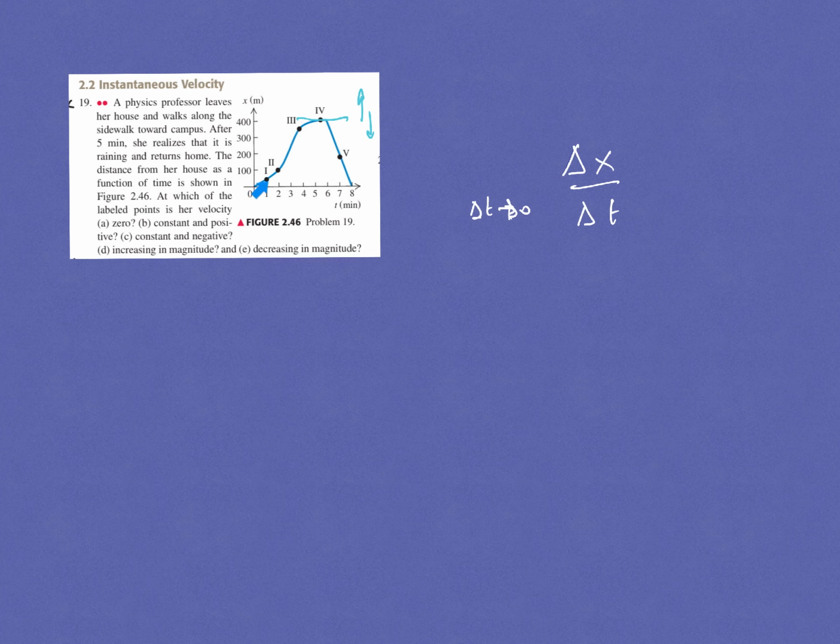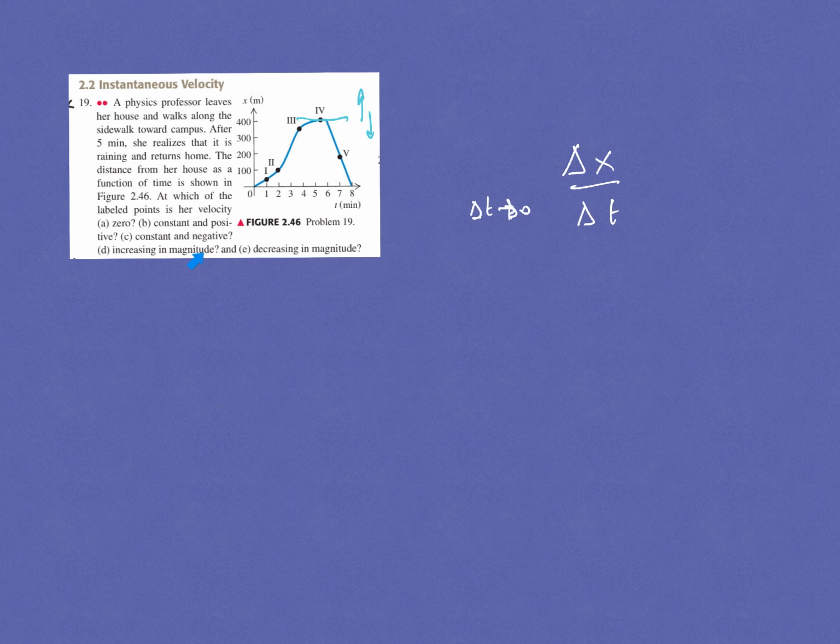You cannot say at point 1 that it's constant and positive; you can say it in an interval of times. From 0 to 1, the velocity is constant. Constant and negative: I see this rectilinear line, so from t equals 6, I think, to t equals 8, the velocity is constant and negative.